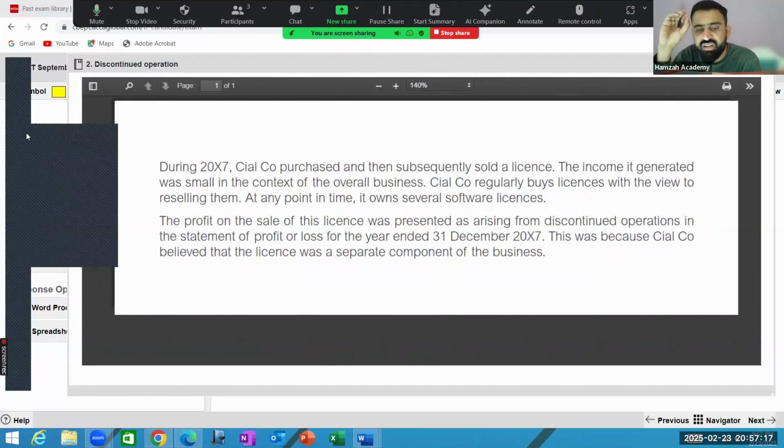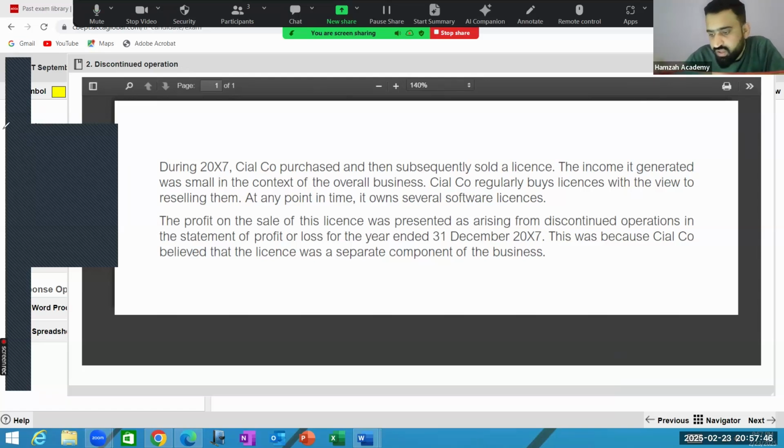Now, if the student knows the definition of the discontinued operation, then I think this question is going to be a very easy question. If the student knows the definition of a discontinued operation given in IFRS 5, then it would be a very easy question. Now, what is the definition?